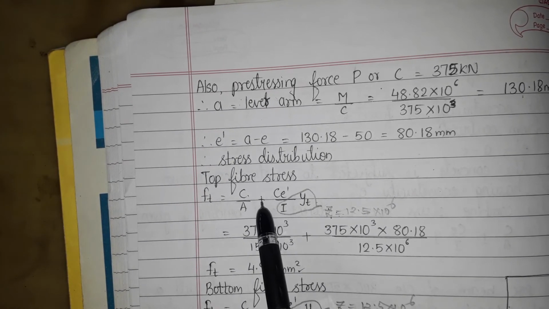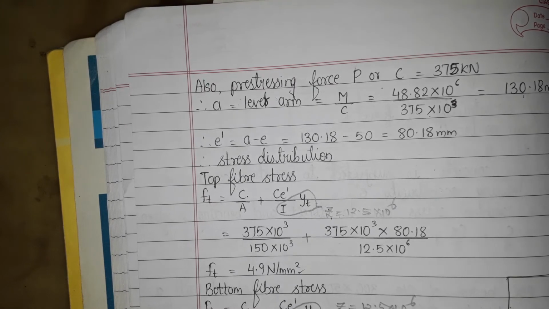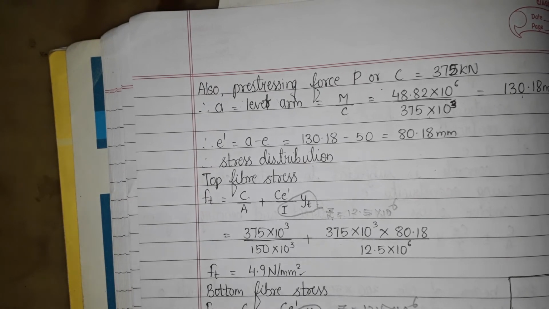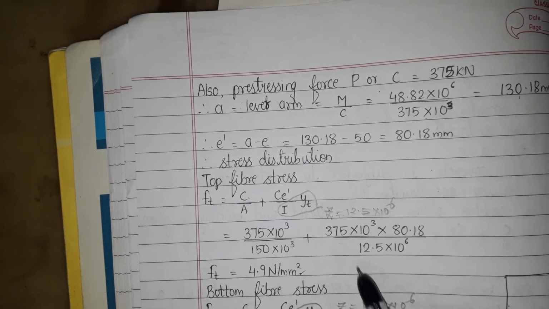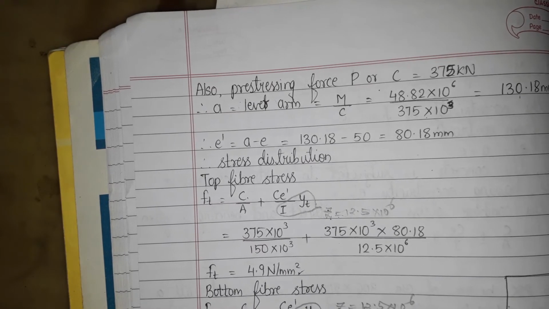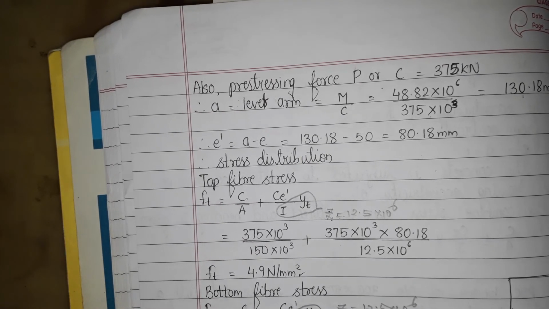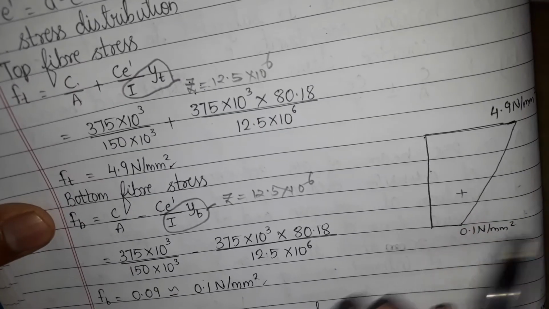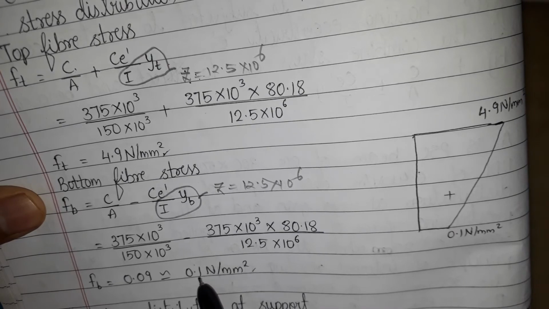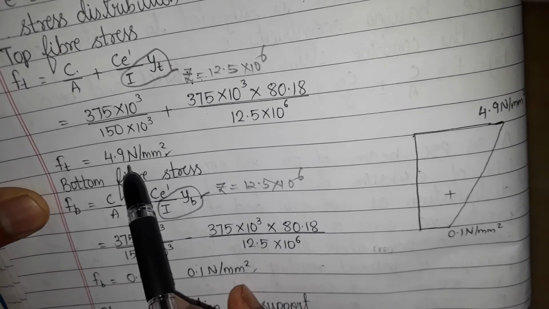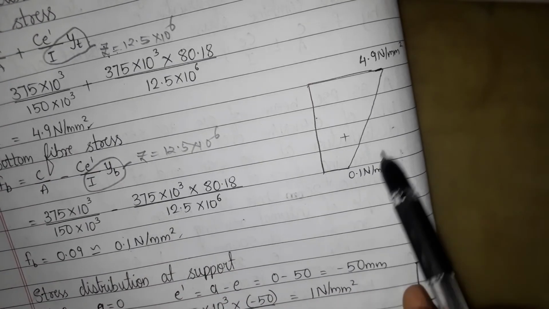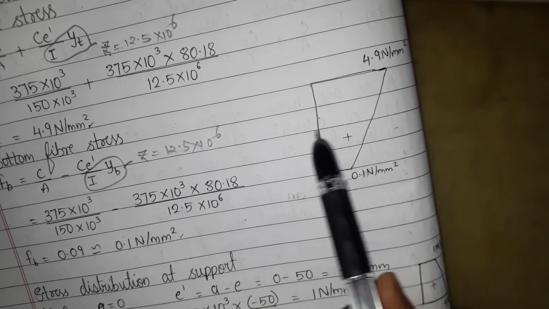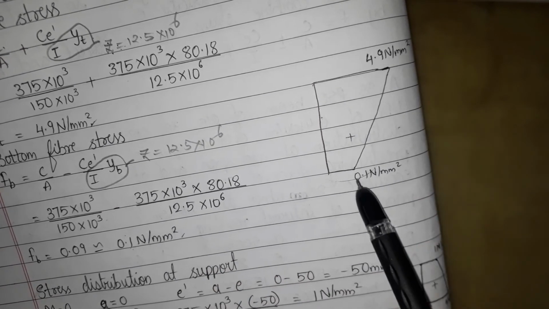For the top you have to use positive, for the bottom negative, because the bottom is tension and the top is compression. After substituting we will get the top and bottom fiber stresses. The bottom fiber we got as 0.1 and the top fiber we got as 4.9. And ultimately when we draw the sketch, we will get this, because both are positive, 4.9 and 0.1.